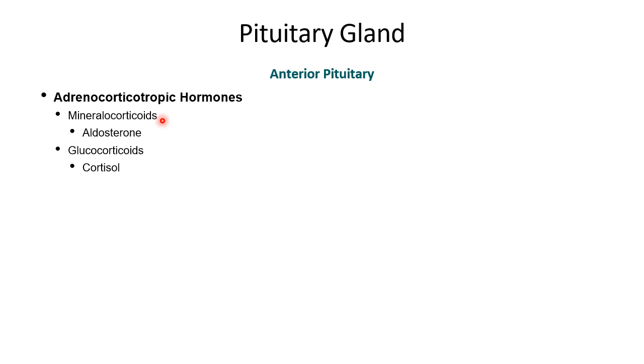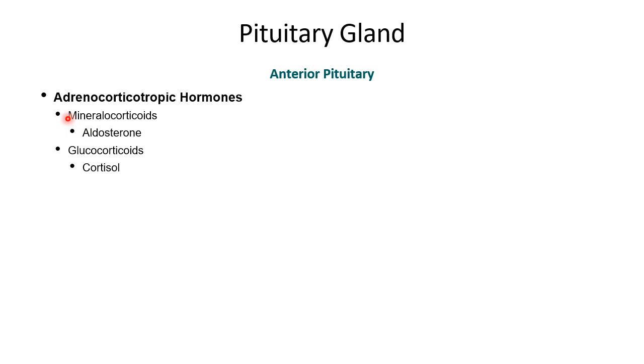So here, you will appreciate in the name of the hormone that the major function of the hormone would be to regulate the levels of glucose, and it is released from the adrenal cortex.